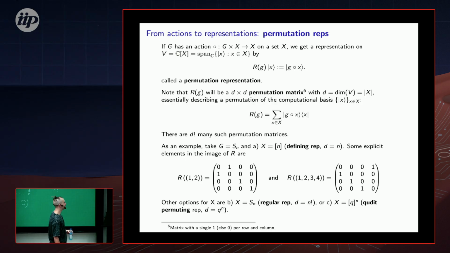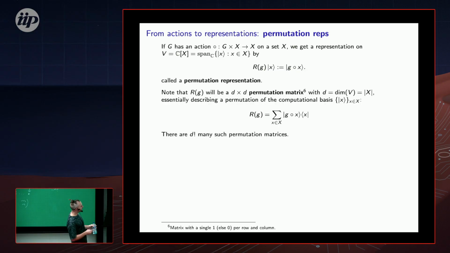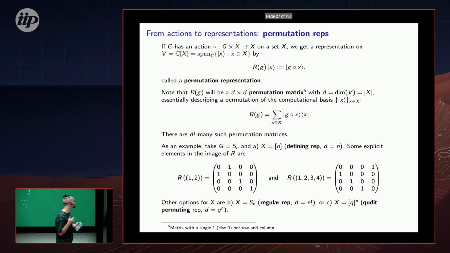On a vector space of dimension D, there are D factorial many permutation matrices, but of course, we are embedding G into this. If we want the representation to be injective or faithful, we better have that the order of G is less than D factorial. I mean, only if we want injectivity.